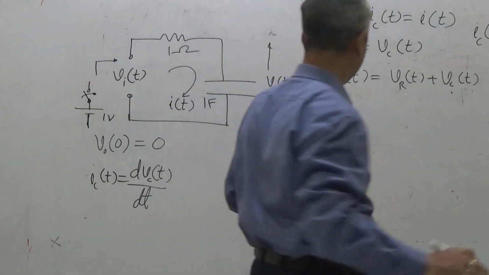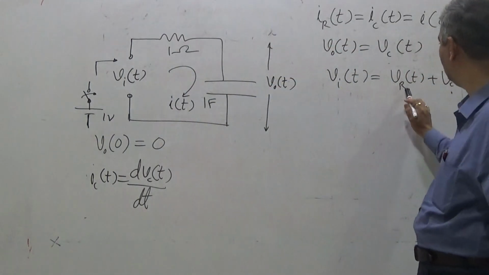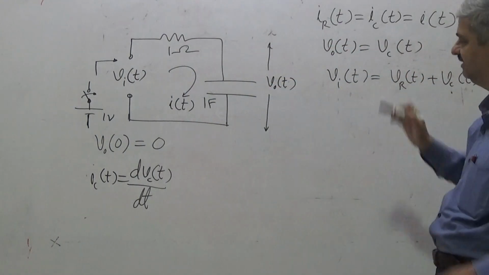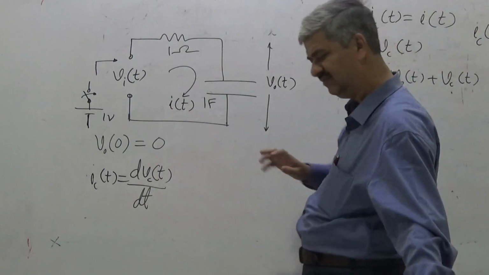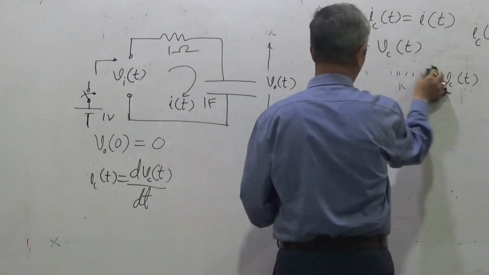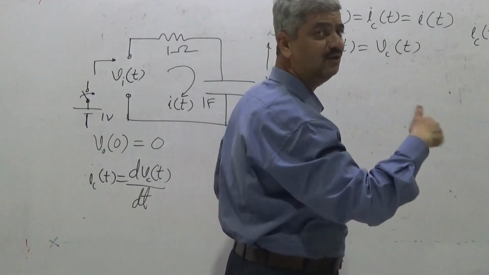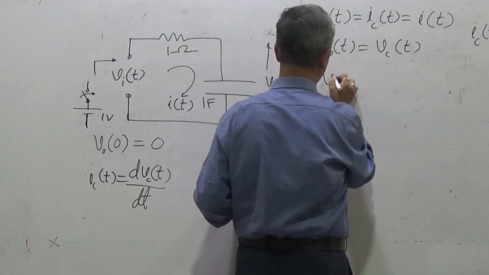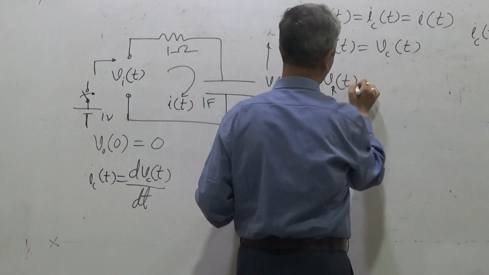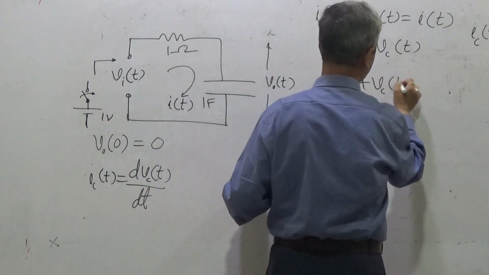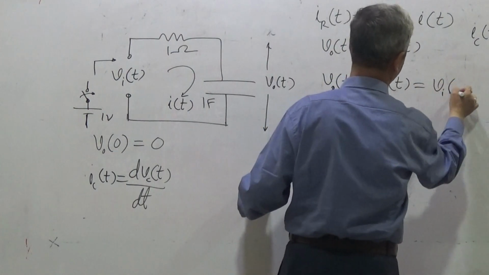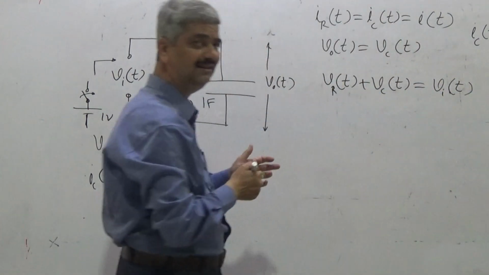So let us start. V_R(t), V_C(t), V_in(t). There is a convention, not at all essential, but normally we write V_in on the other side in differential equation construction. So we write V_R(t) plus V_C(t) is equal to V_in(t). Is it agreeable?